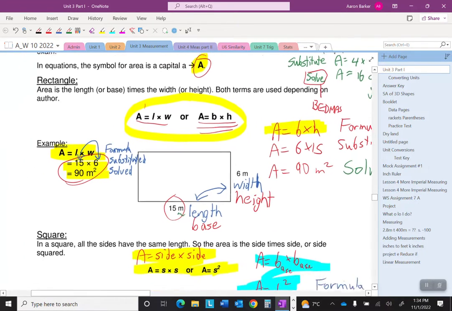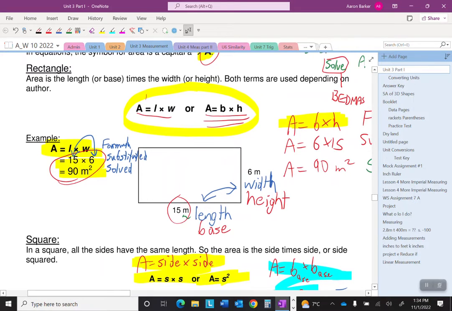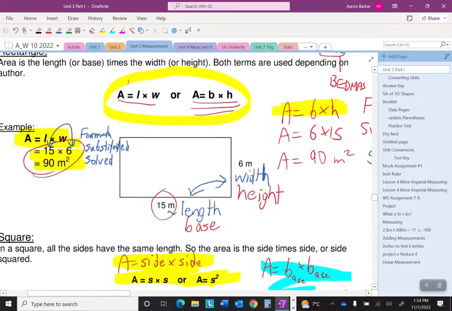So the square is, we already looked at this, side times side, or side squared, whichever one you like. I don't like using the letter S because it looks like the number 5. That's the only reason why I avoid it. What I like to use is B for base, although sometimes if you write horribly, it looks like a 6. So I write down sometimes base times base, and that's what's highlighted in the blue.